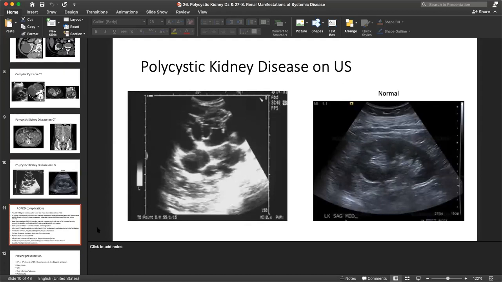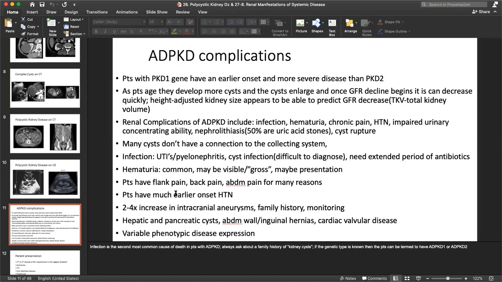Complications: PKD1 is worse than 2, but they're going to start having a GFR that's going to decline as the cysts enlarge and increase.